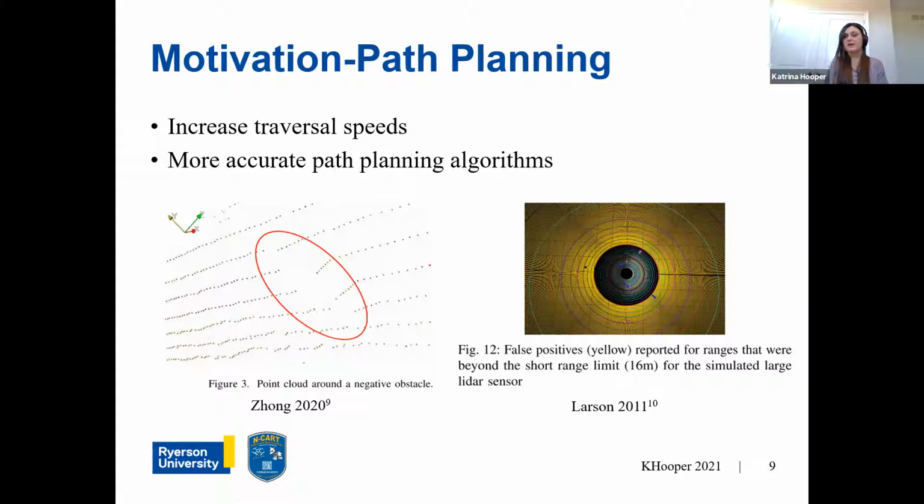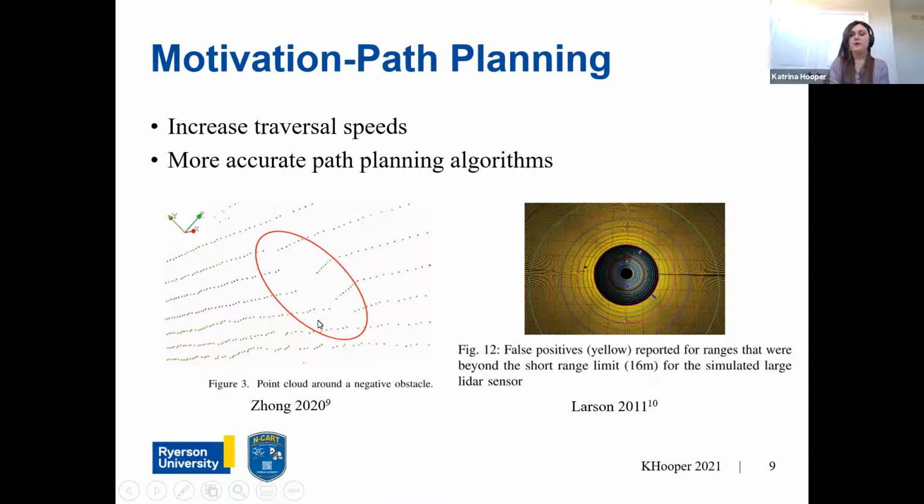They need to understand if the road is safe to travel on, where safe roads are, and something like a pothole in the ground is a negative object that they don't entirely understand how to classify or even avoid at the current moment. So by understanding negative objects and being able to classify them, we can actually increase full speeds of autonomous robots, and we can create more accurate path planning algorithms. So these kind of go hand in hand.